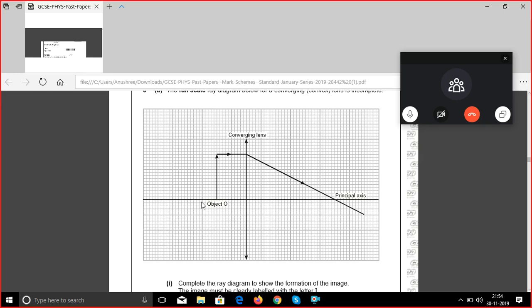So the focus is seven boxes in front of the lens, so the other focus would be seven boxes behind the lens. Yes. I put in the focus, and now I need to complete the ray diagram.